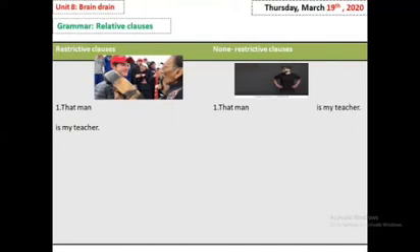You need to specify. You need to restrict to identify which one. Then you are going to say, that man who is wearing a black baseball cap is my teacher. Where is he? This one. So everybody knows that you are talking about this person.